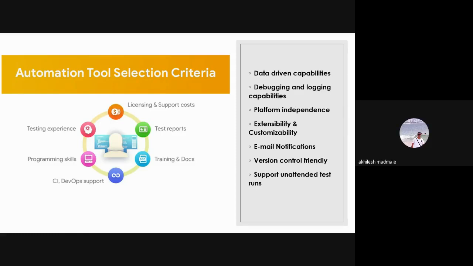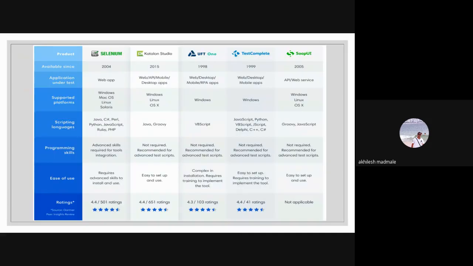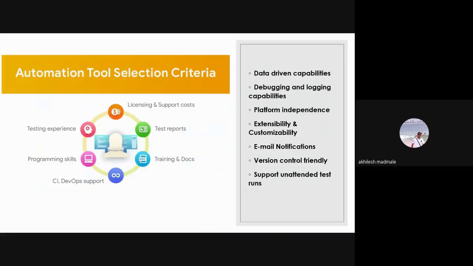So these are the important factors, but these are not enough to select the right tool. We need to see the other aspects as well, such as licensing, support cost, the reports which our management or stakeholders are looking for, what the training documents are, whether that tool supports CI/CD and DevOps or not, and what kind of programming skills and testing experience.